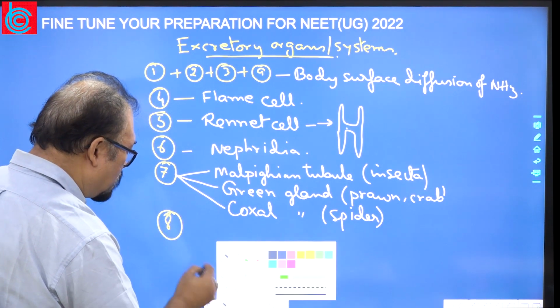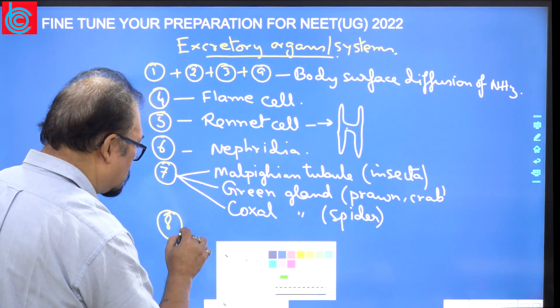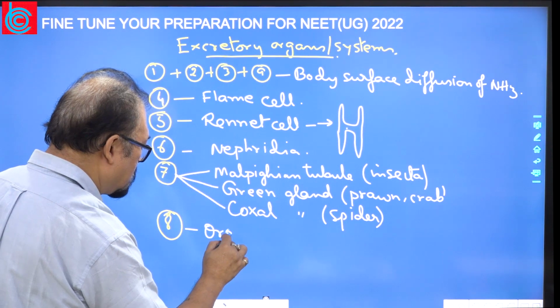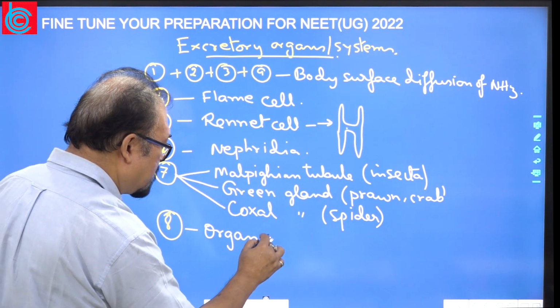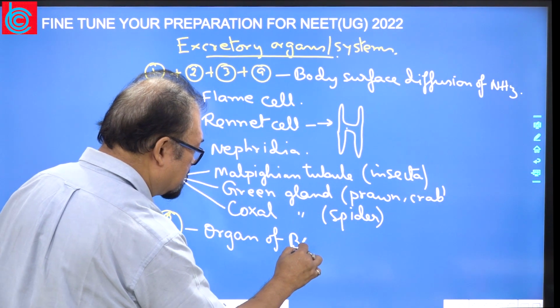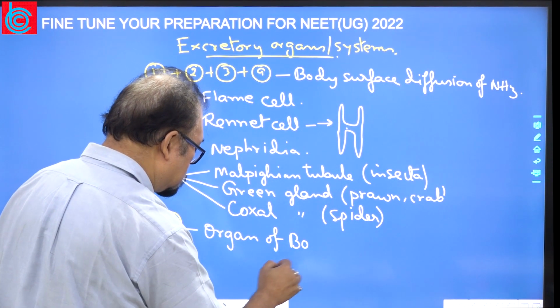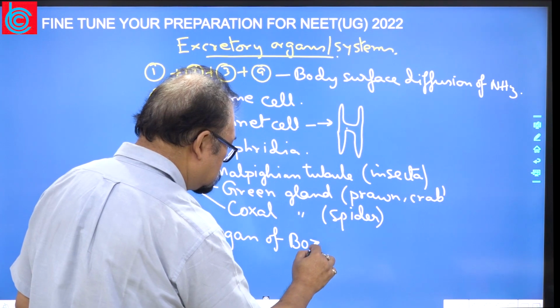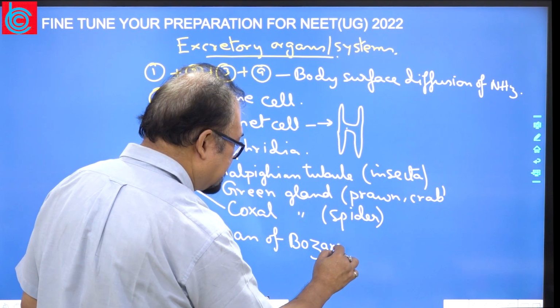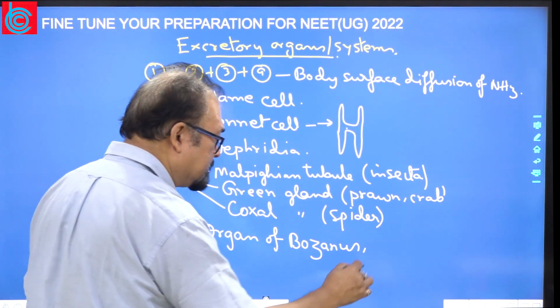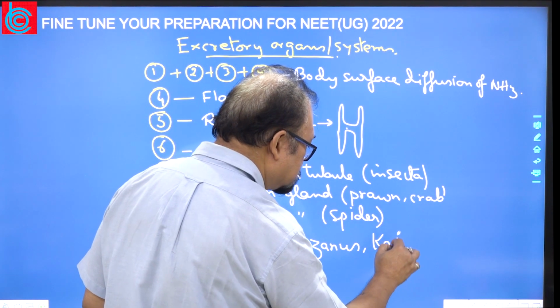Mollusca, in mollusca present organ of Bojanus and Keber's gland.